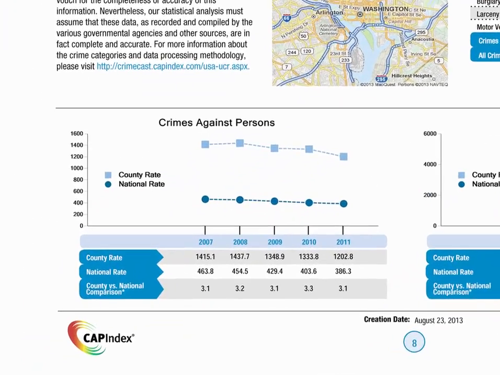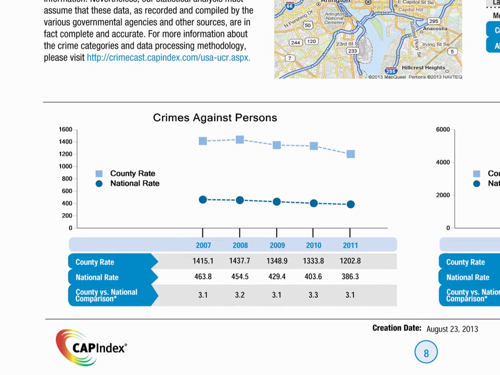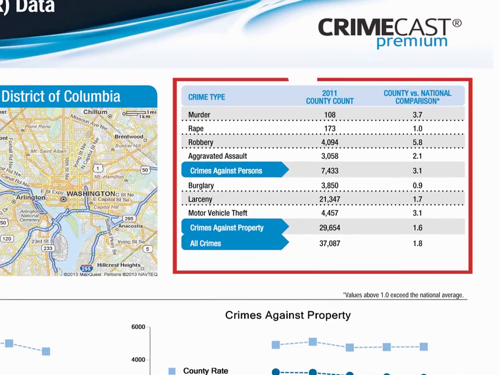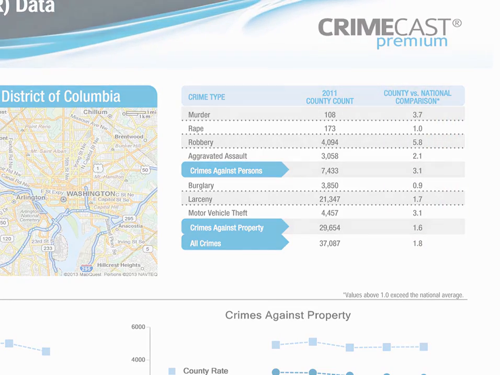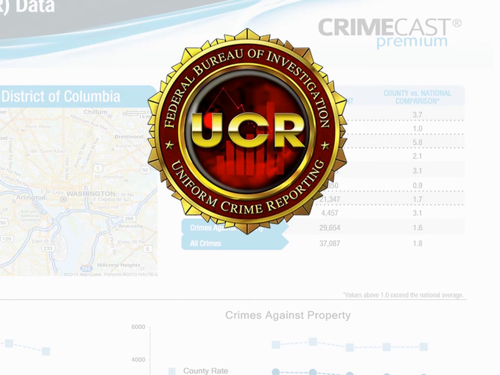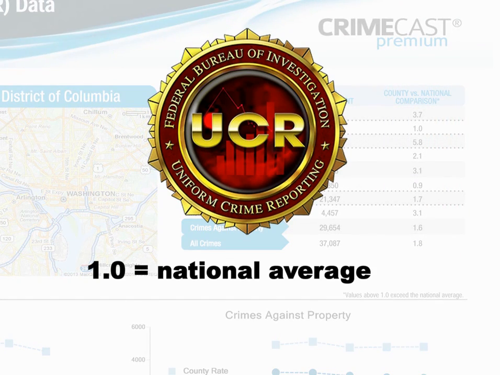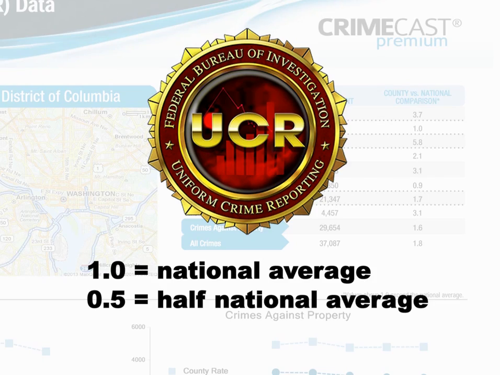The UCR page shows trend lines over time and includes actual crime counts at the county or state level. Additionally, the report includes a comparison of the county or state UCR data to the UCR national average. The scale used is extremely simple. Anything over 1 is above the national average, and 0.5 would be half the national average.